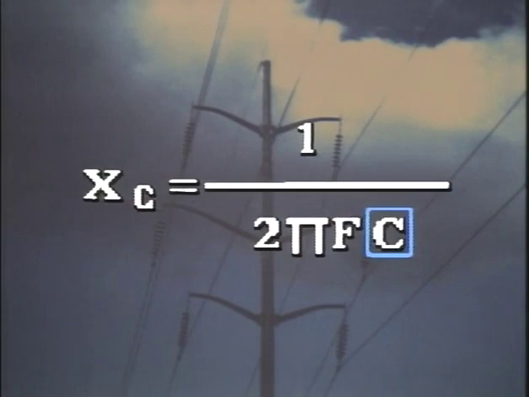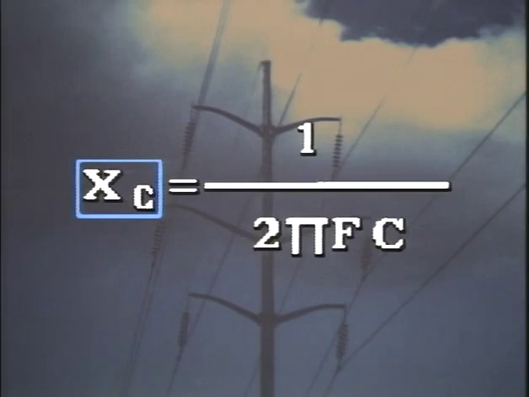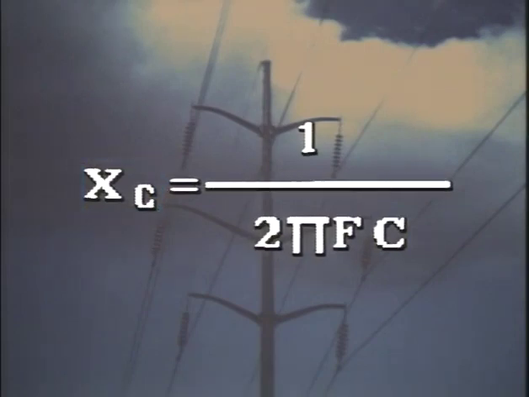The only design factor an engineer can control when determining the capacitive reactance of a transmission line is capacitance, because it's the only variable value in the equation. From the equation, we can tell that if capacitance is increased, capacitive reactance is decreased. So if a designer makes a change that increases the capacitance of a line, he's actually decreasing the capacitive reactance.